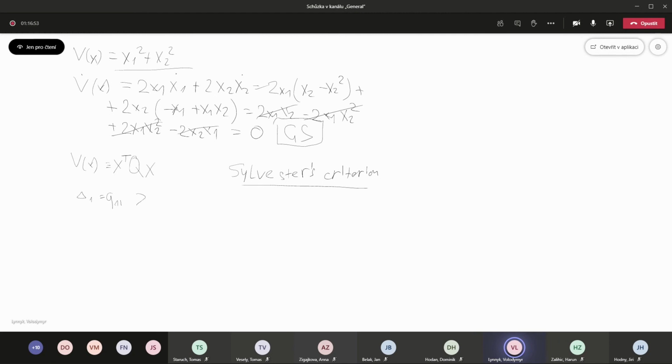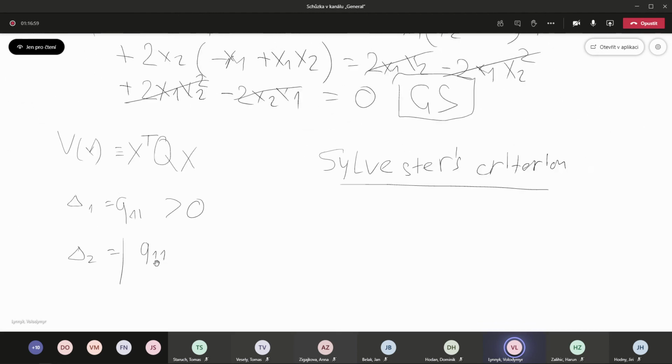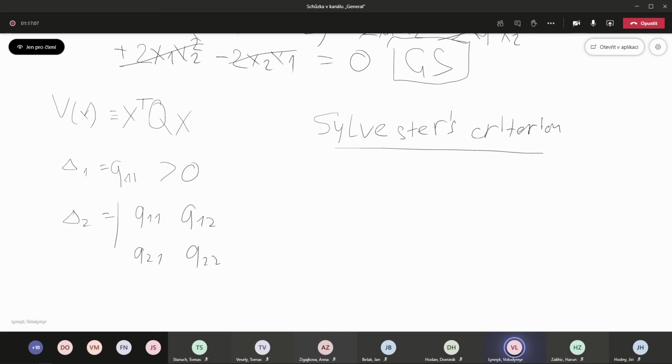I only want to repeat this: the first determinant is greater than 0, and the second determinant equal to the matrix with q11 and q12, q21, q22, and so on, up to the determinant of Q, which is also greater than 0.